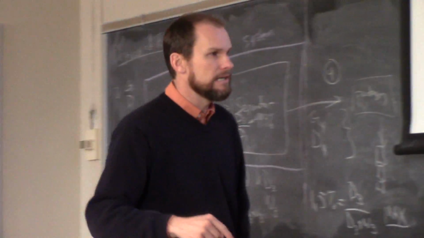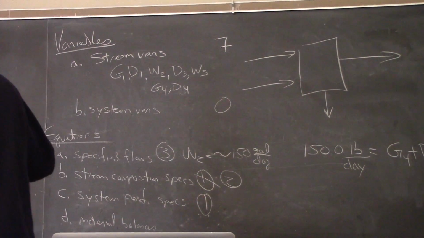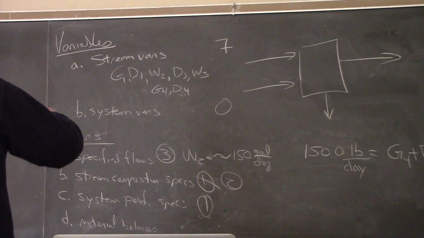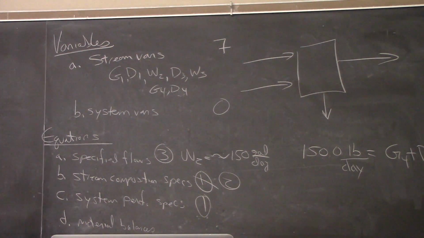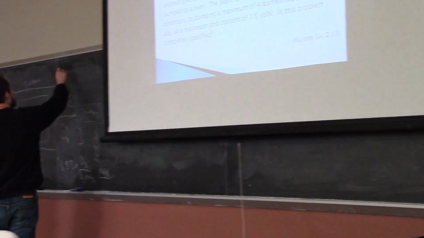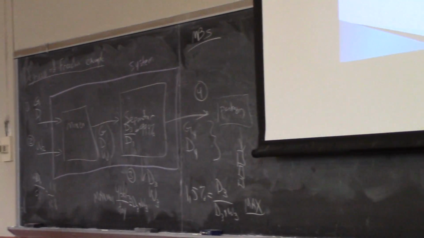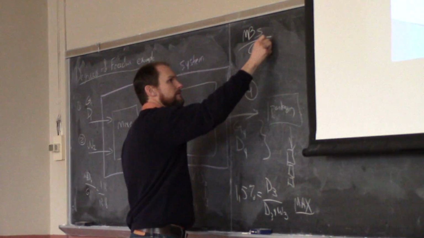Okay, so stream composition specs, let's go with 2 there. System specs 1. Great, material balances. How many material balances? It's the rule. I get 1 for each component, so I've got greens, dirt, water.